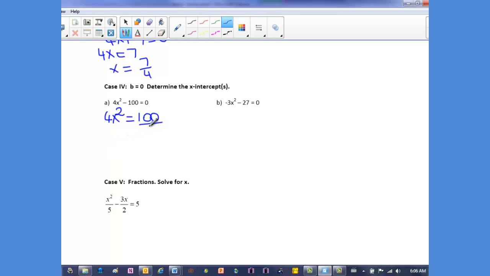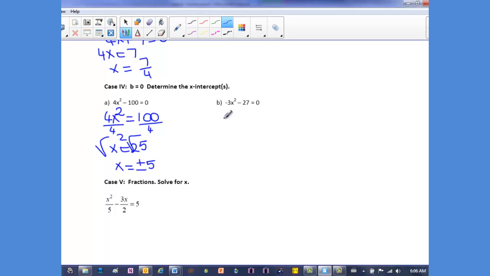We can divide both sides by 4, and x squared equals 25. And in order to isolate x, we have to square root both sides, which means that x will be positive or negative 5. Please remember that whenever you're square rooting a positive integer, a positive integer doesn't have to be a perfect square, I apologize for that, the two answers could be either positive or negative.